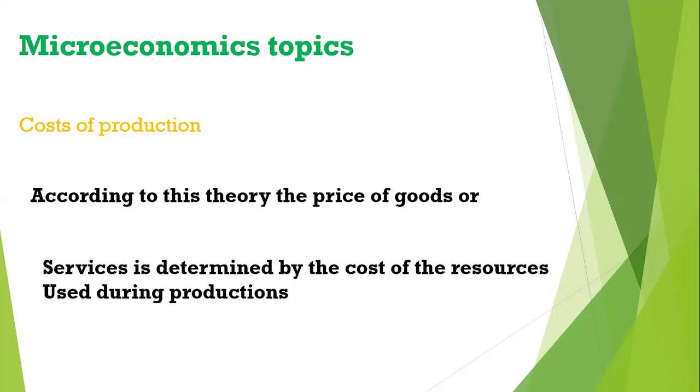If you spend more resources on producing this good, you might end up pricing it high so you can really get something out of it, right? The cheaper the resources, or the less you use when you are producing, the more profit you might make.